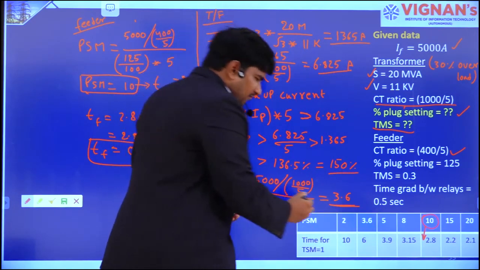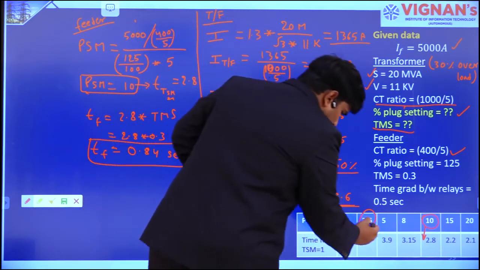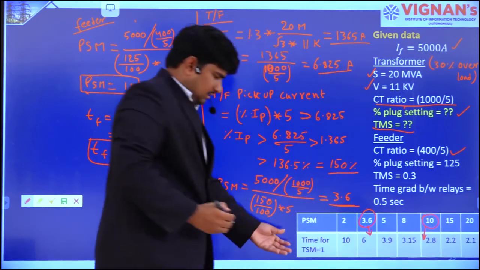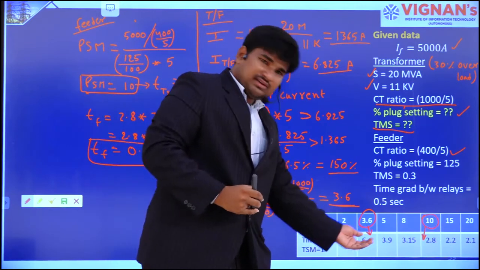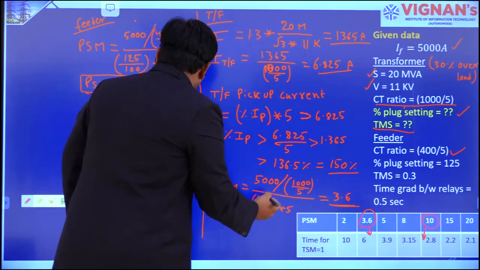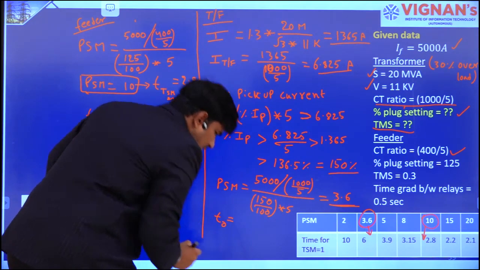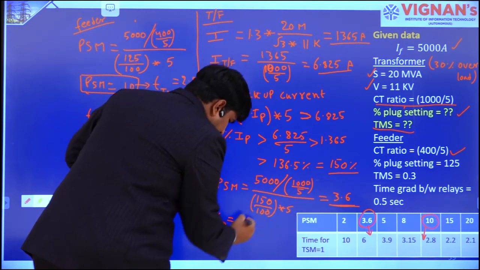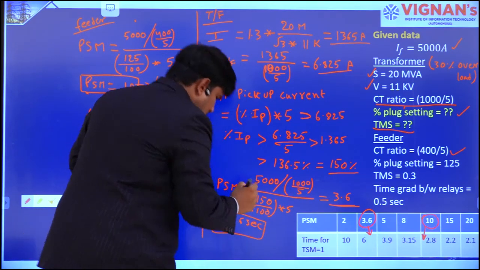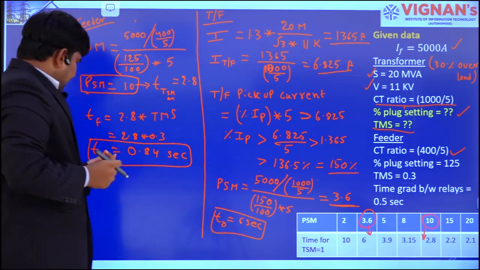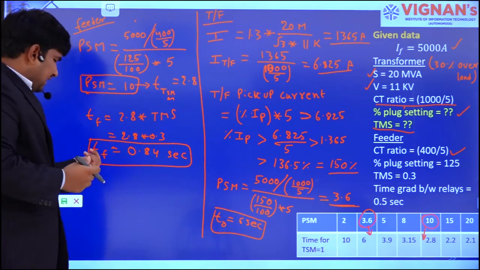For the value of 3.6, what is the value of time for TMS? Time for TMS is equal to 6. For simplicity, I am taking it as 6 seconds. Now here I have the feeder relay, which is used in the feeder.